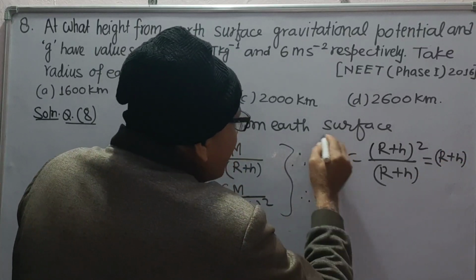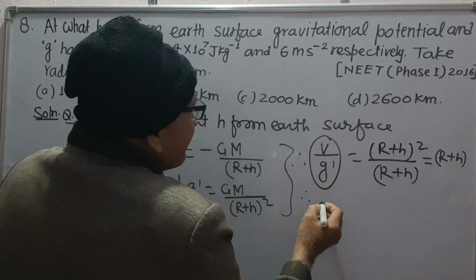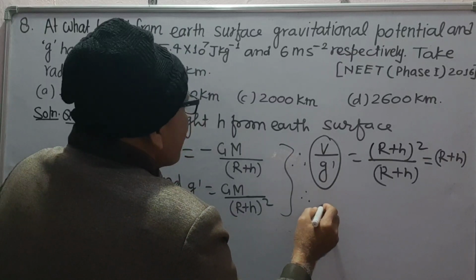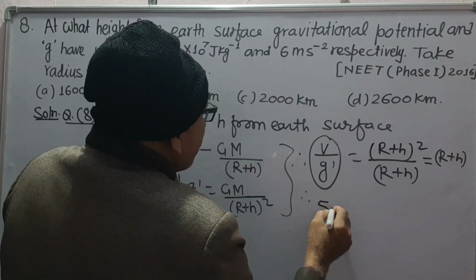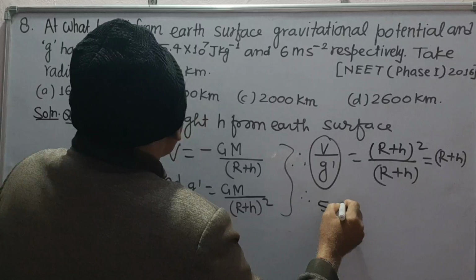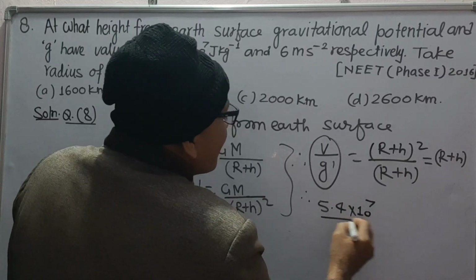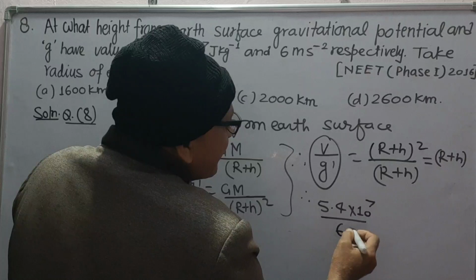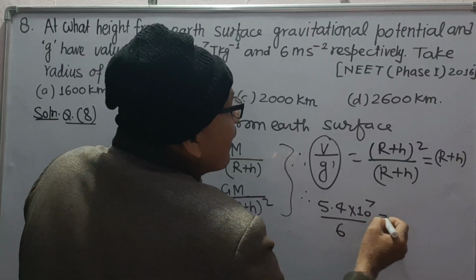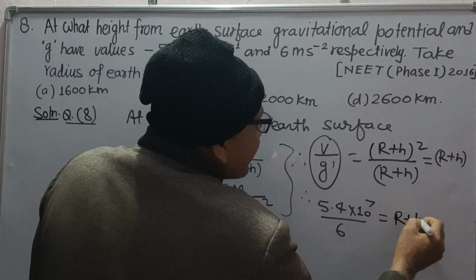Therefore, V upon g dash will be 5.4 into 10 to the power 7 upon 6 is equal to R plus h.